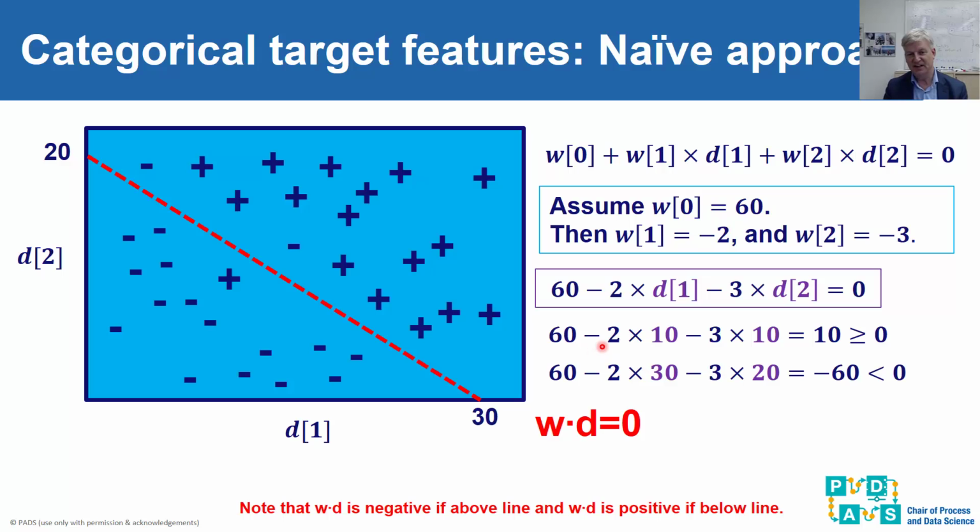And given this line, we can now talk about this product not being precisely 0. We can look at what is bigger and what is smaller, and that corresponds to whether we are above or below the line. And so in this particular example, with these particular weights, the product WD is negative if we are above the line, and the product is positive if we are below the line.